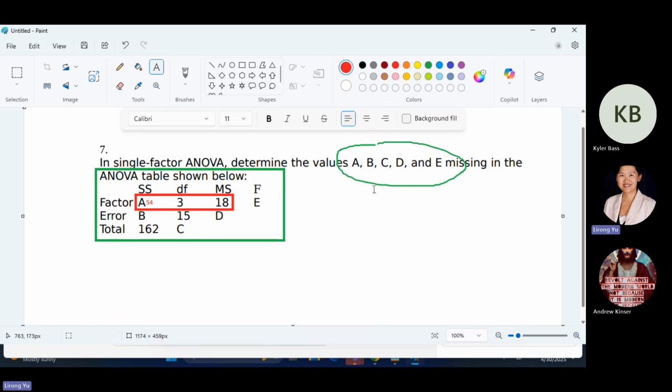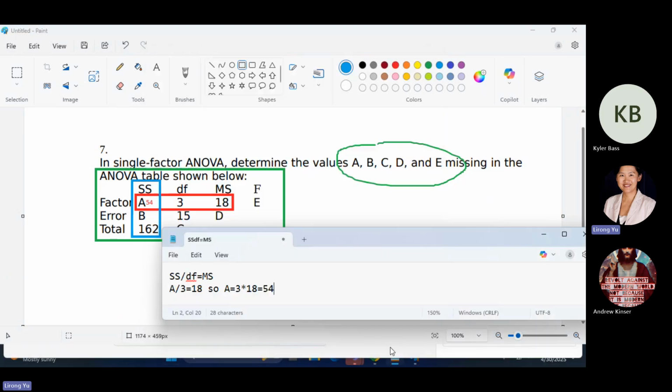So once we know A, we can look at this relation now, because the summation squared has its fundamental relation. That is the total summation square, because we have this relation saying A plus B would equal the total summation square of 162. Now that we know that A is 54, we can calculate B, which equals 162 minus 54.